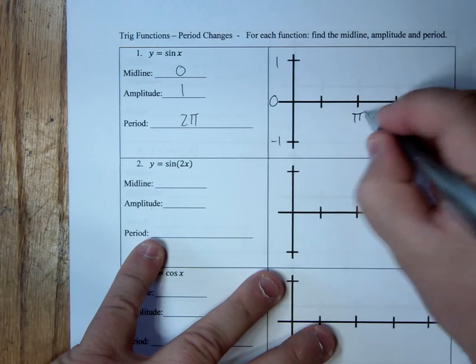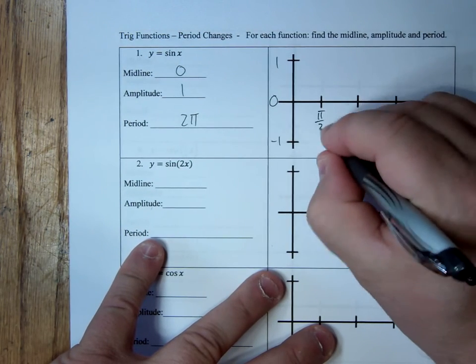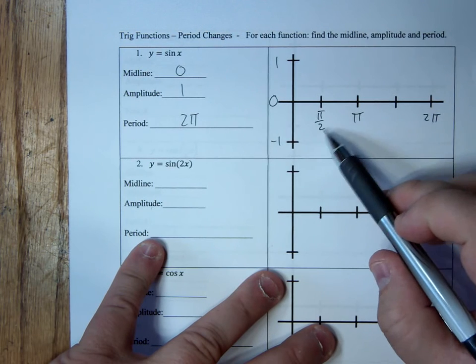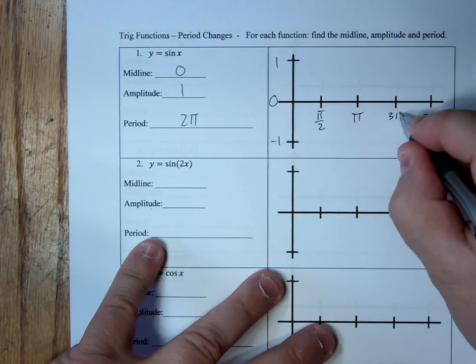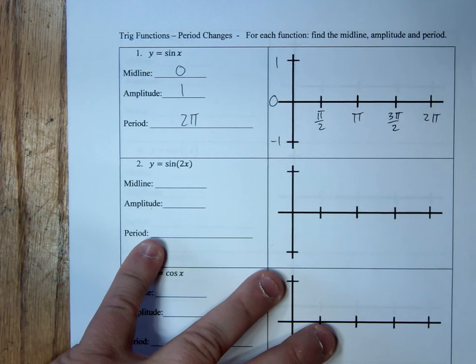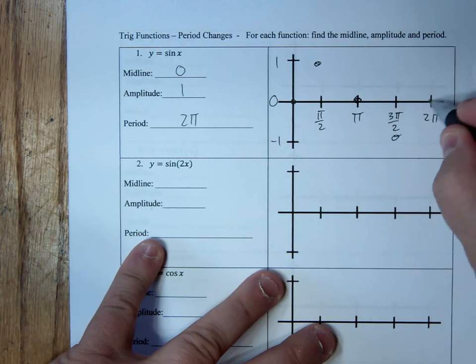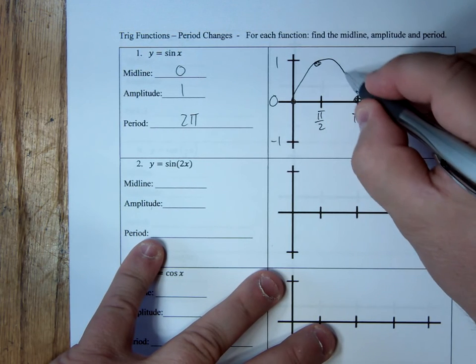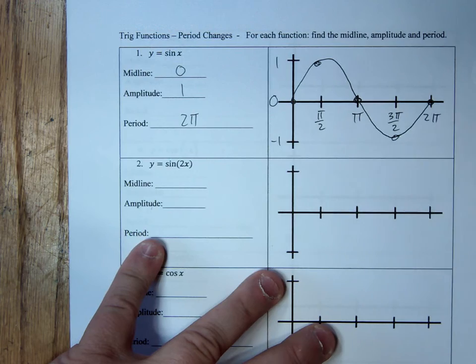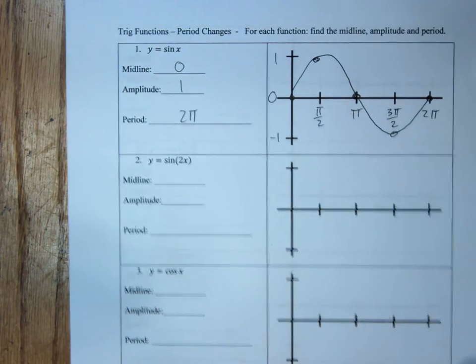So pi is halfway there, pi over 2 is half of that. So 1 pi over 2, 2 pi over 2, 3 pi over 2. And of course sine goes to the maximum, back to the midline, minimum, and there's our basic sine.